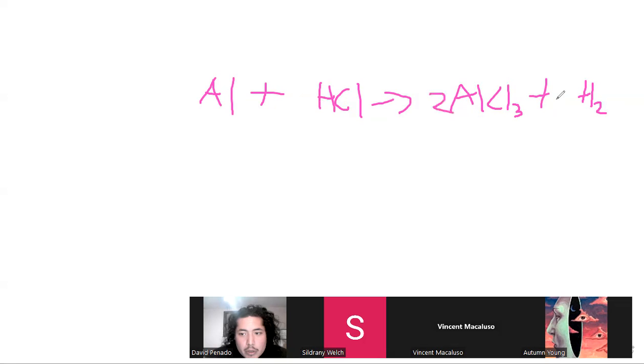Al2, okay, 2 AlCl3. Wait, let me give you a different color. So 6Al plus 6HCl, you get 2AlCl3.